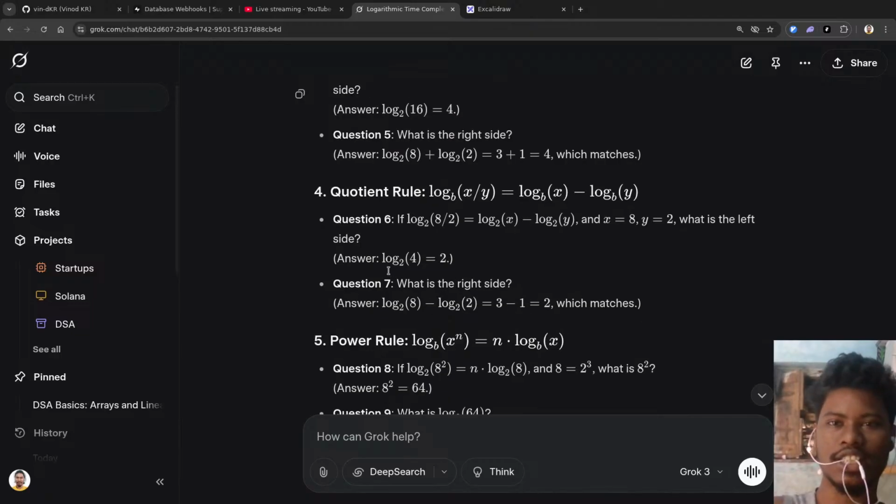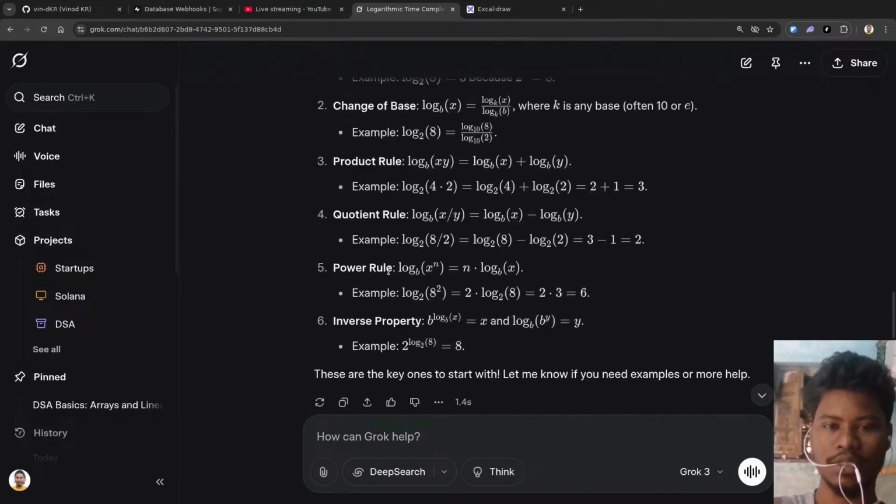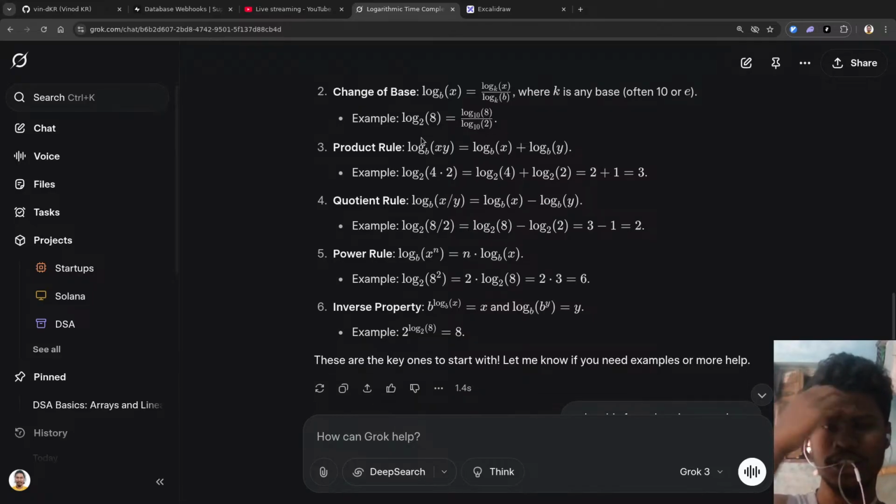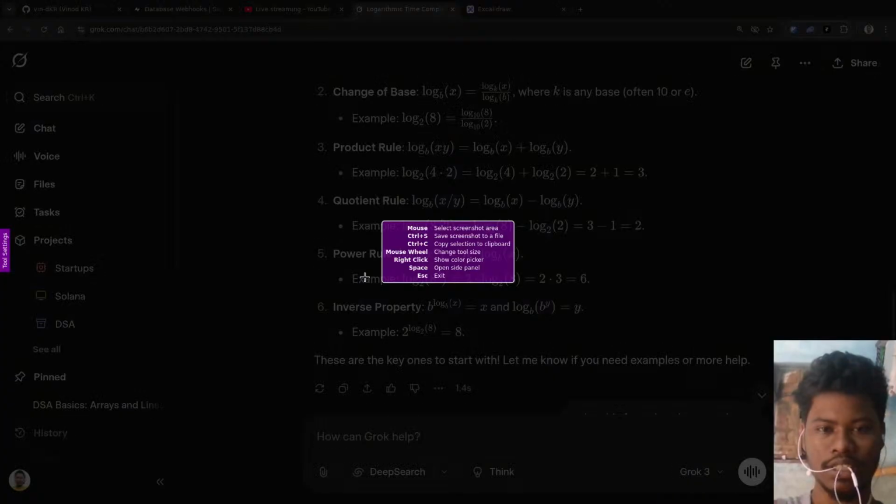It's working. Let's take a hard one. Let's take the power rule and inverse property rule, because this is same as this. So power and inverse.